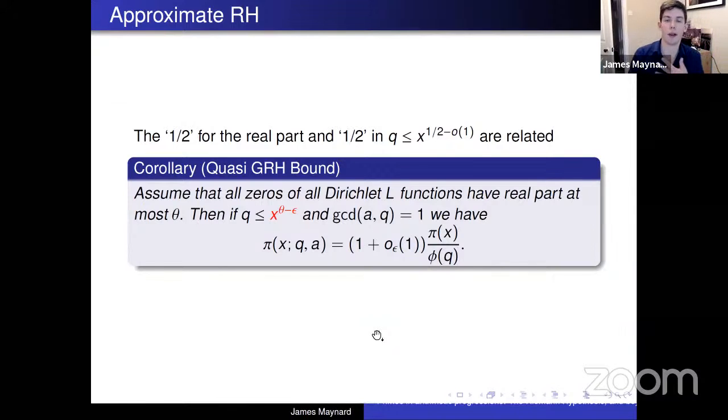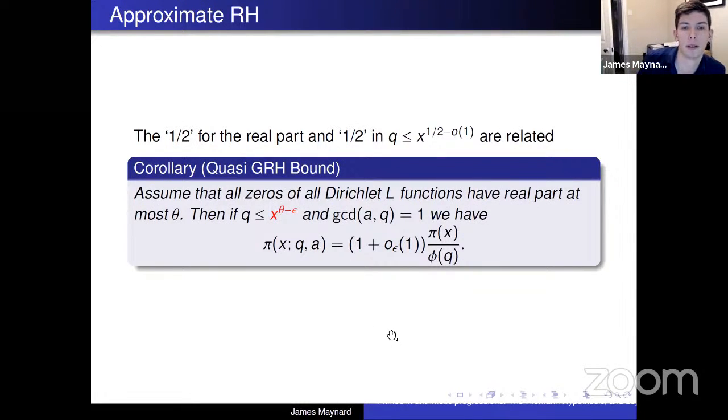And it turns out that these two questions are exceptionally closely related, that the zeros of Dirichlet L functions really completely determine the distribution of primes in arithmetic progressions. So if you had a weaker form of the generalized Riemann hypothesis, where all the zeros of Dirichlet L functions had real part at most 3/4, then, sorry, there's a typo here.